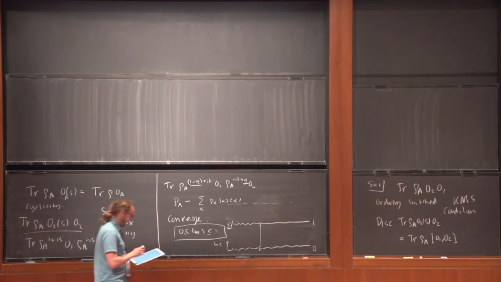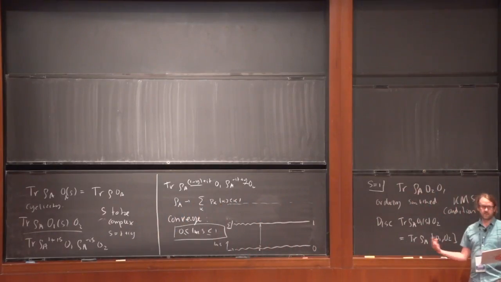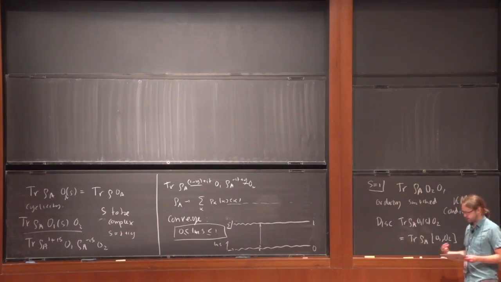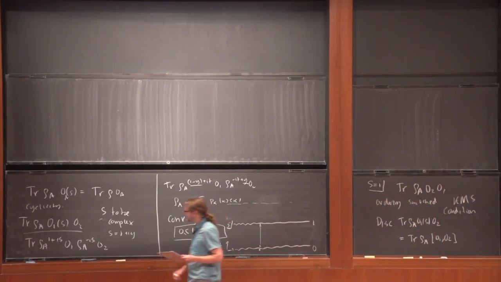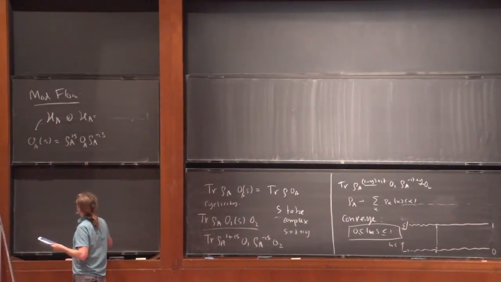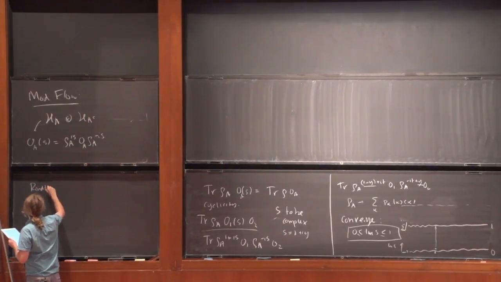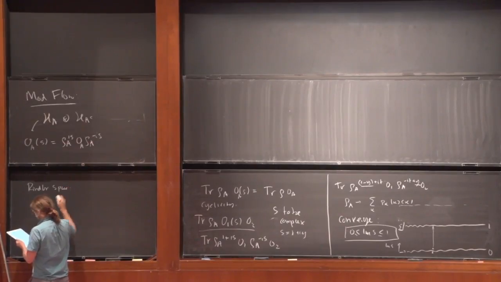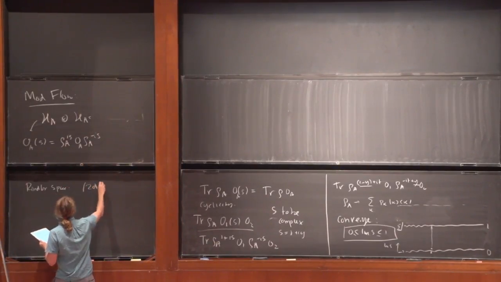Good. And so, to understand this a little bit better, I think it's useful to go through a simple example. Again, the simplest example is just Rindler space. So Rindler space. And if I use coordinates, let's just do 2-dimensional Rindler space.